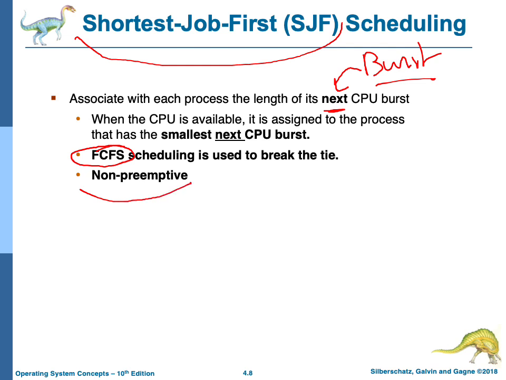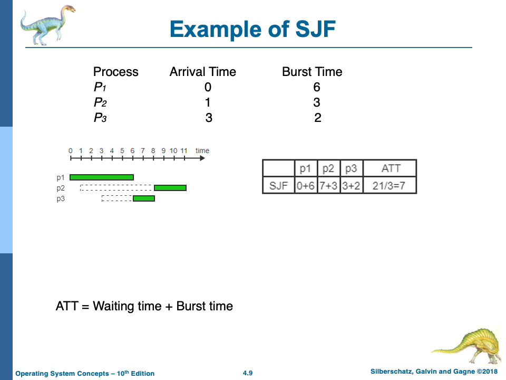Now, again, this is a non-preemptive scheduling algorithm, meaning we are not allowed to preempt or to interrupt a process while running. So here is an example of application of the shortest job first scheduling algorithm. So we have this workload, 3 processes, and their corresponding arrival and burst times.